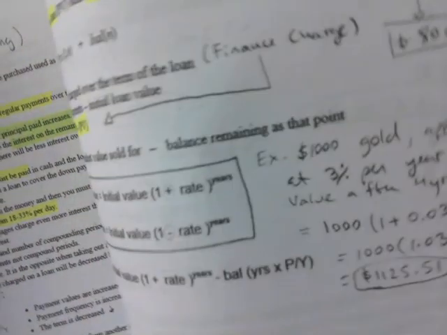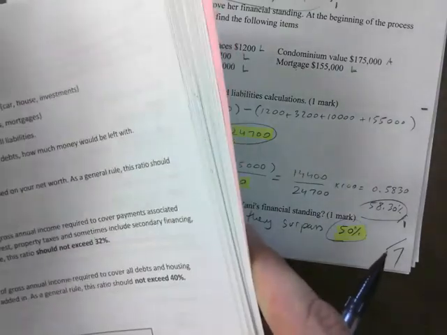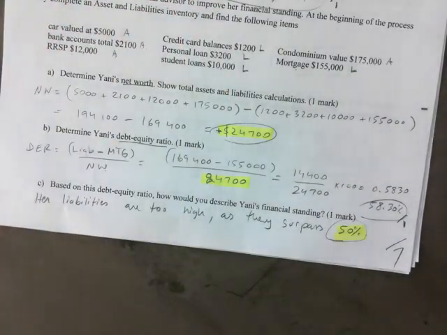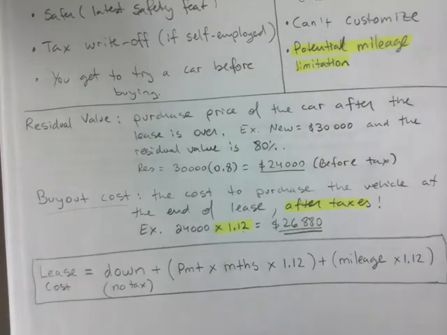When I looked at your leasing responses, I was just going to add a few things. I want to look at the pros and cons that I gave you here.